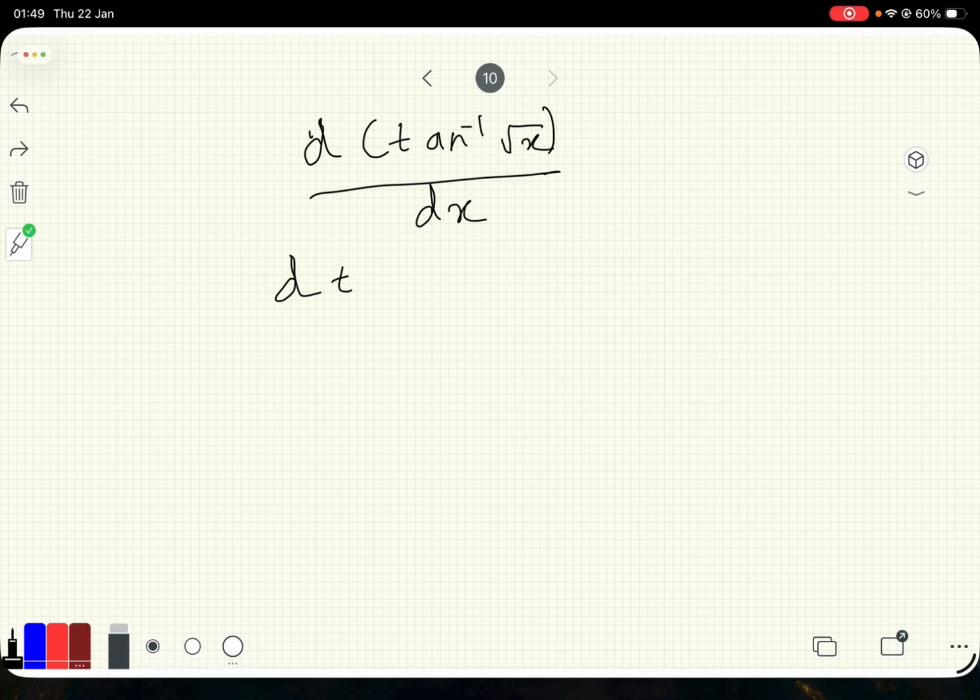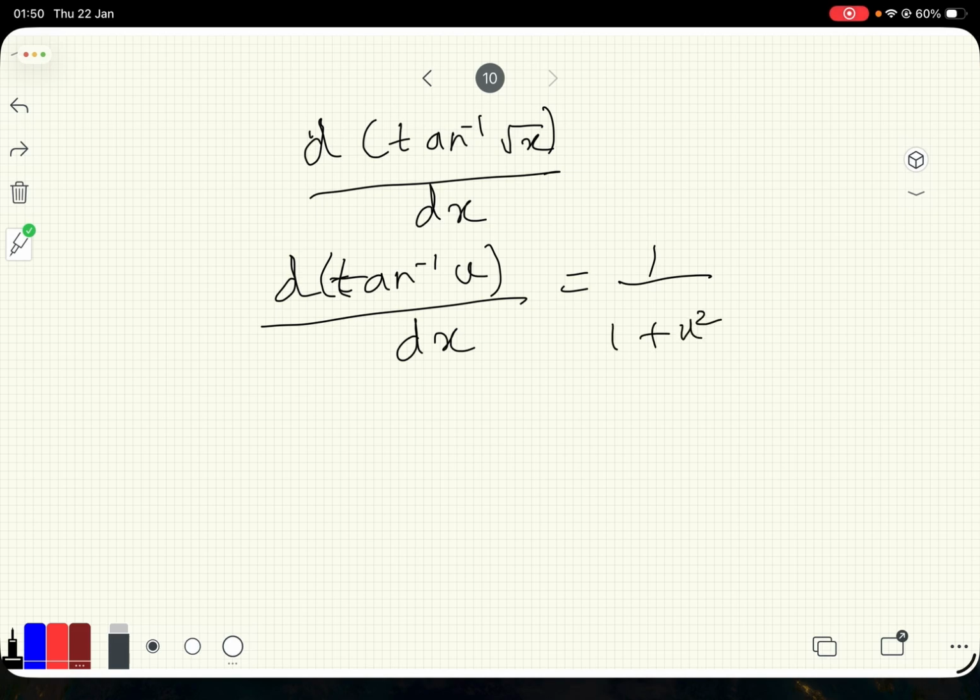The form that I explained to solve this kind of question very easily: the derivative of tan inverse u with respect to x is 1 over 1 plus u squared, multiplied by du over dx. This is the chain rule form.